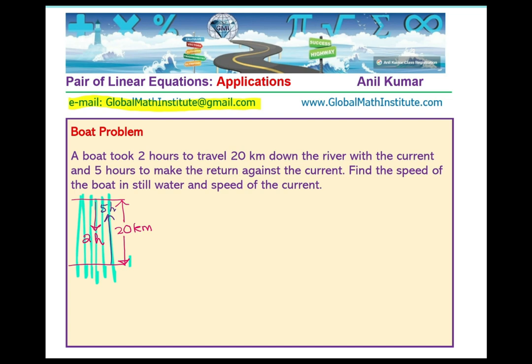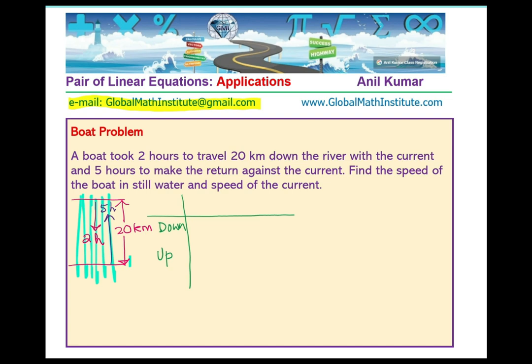Now, such questions we can easily solve by understanding the two situations. So, clearly, the two situations involve one where the boat is going down, and the boat is going up. So, while the boat is going down, the speed of the boat and that of the current add up.